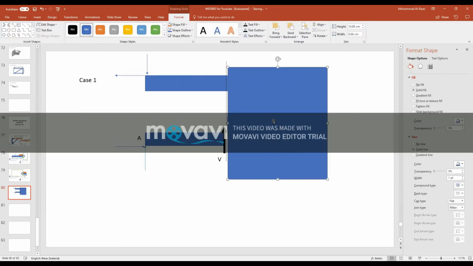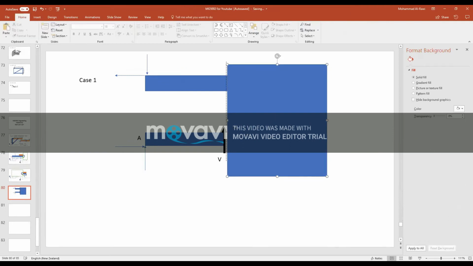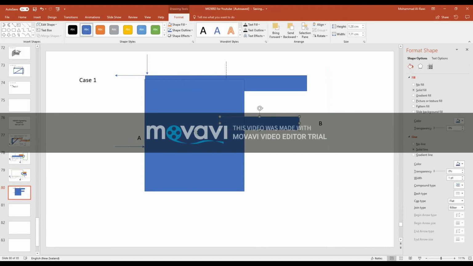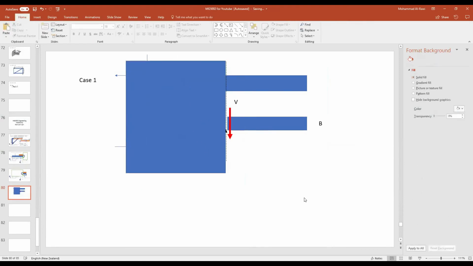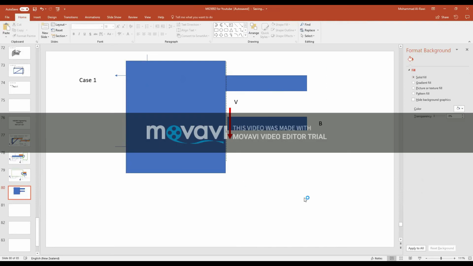So again, when you cut it from one end, you should get exactly that scenario, or when you cut it from the other end, you should get it in that scenario. And that's exactly the explanation why you're getting a negative answer, because it's opposite to the other direction this shear force is applying.